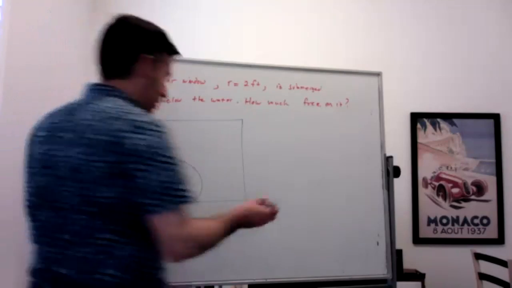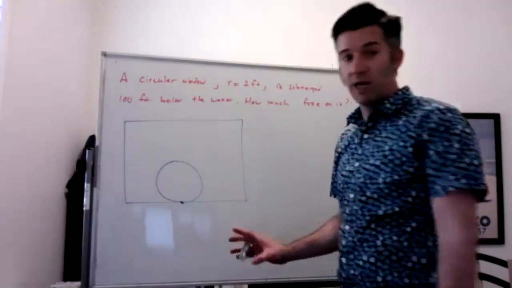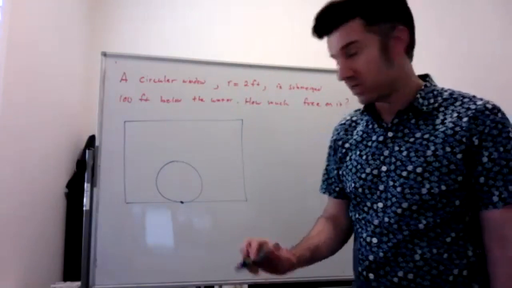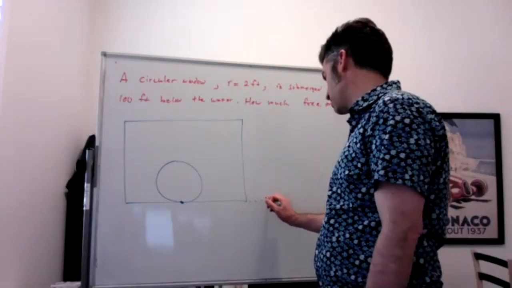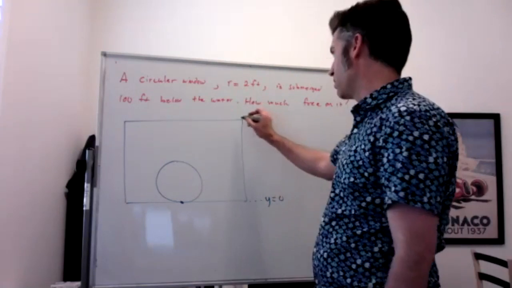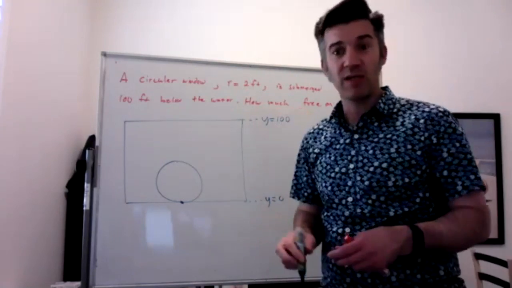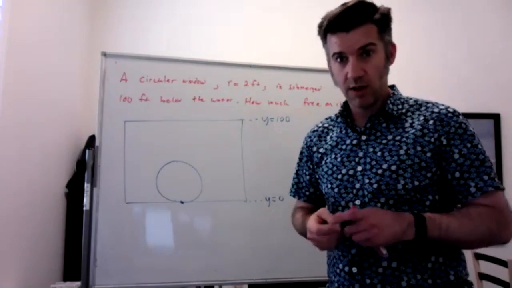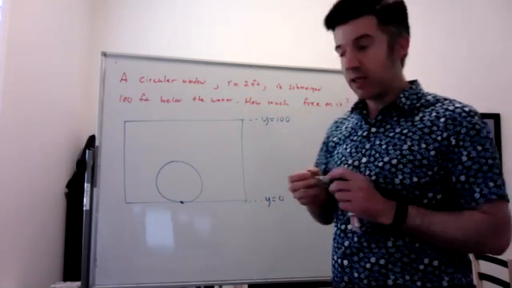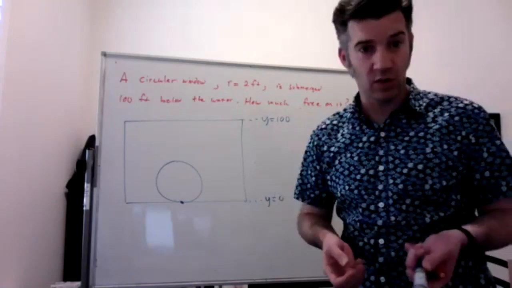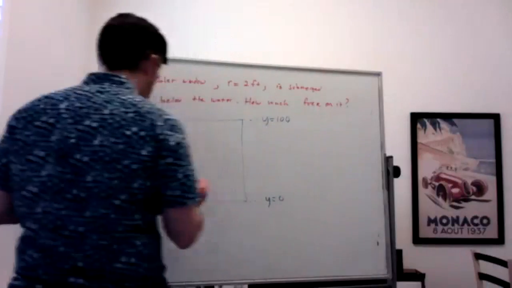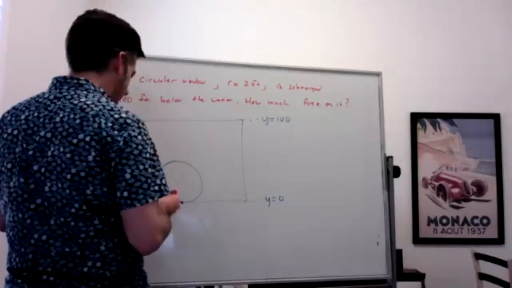So here's the wrong way to do this. I don't want to say that this is y equals 0 and this is y equals 100. It's going to make my equations really challenging. The best way to do this is to actually say that the center of the circle is where y equals 0 is.